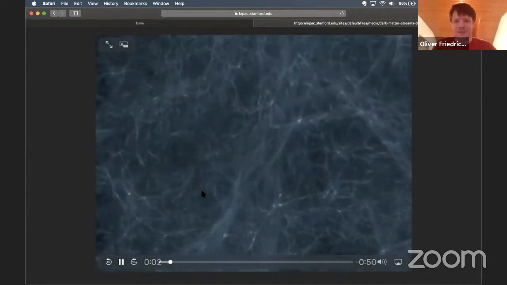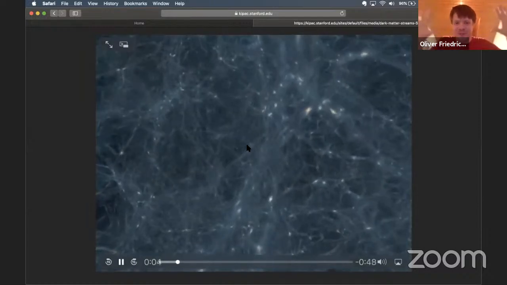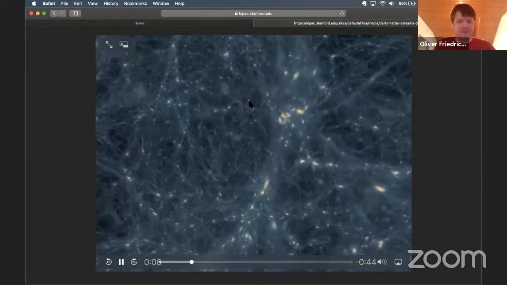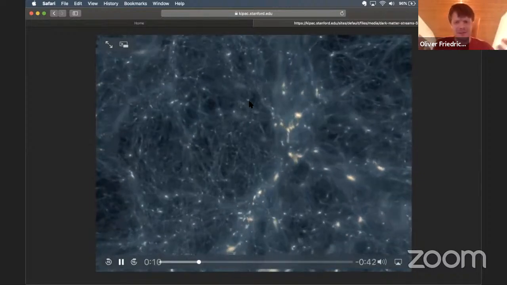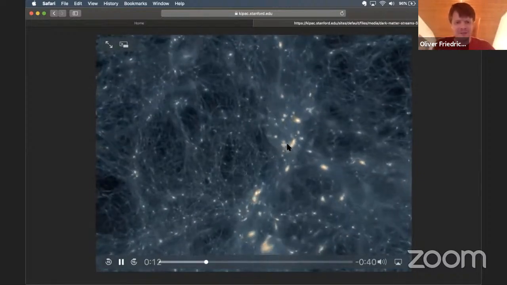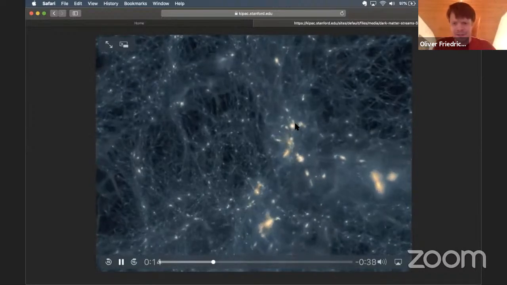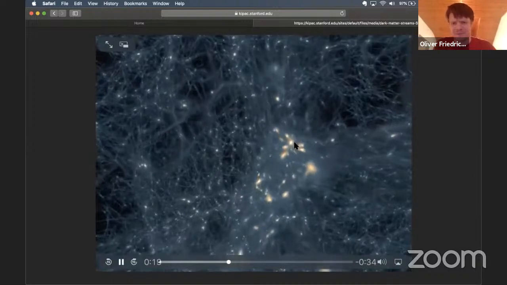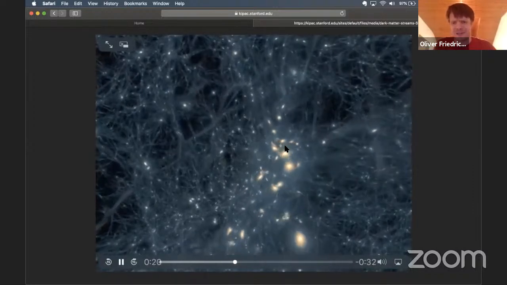You see the universe starts out as quite a homogeneous structure. And you see these initial overdensities collapse and form highly overdense objects. Here, for example, these different bright objects would correspond to the halos of galaxies.